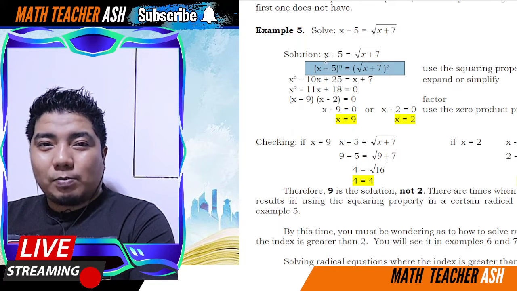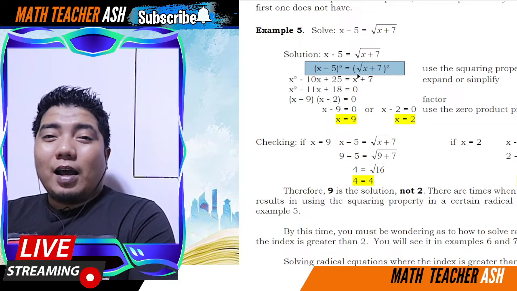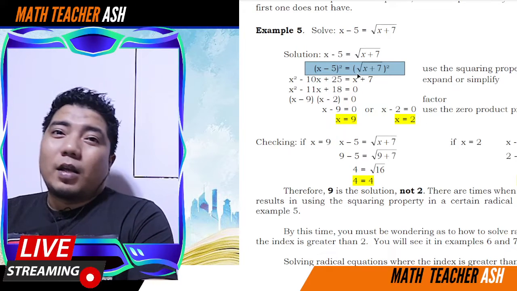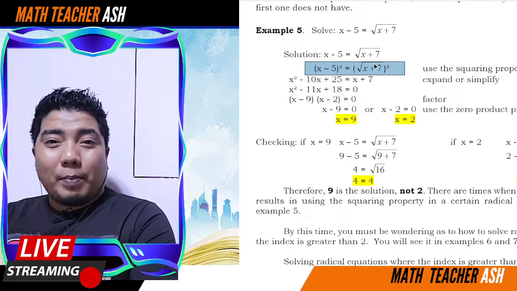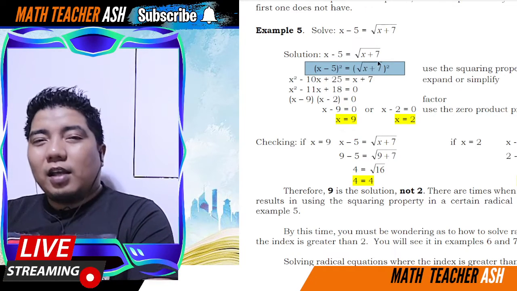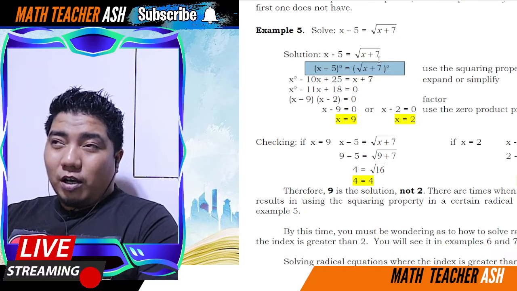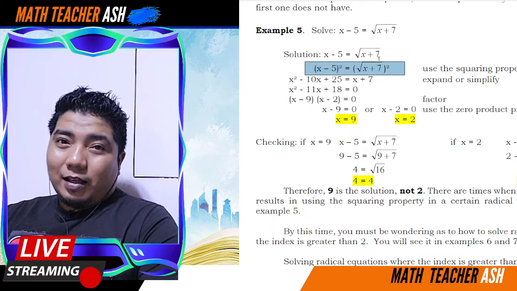However, itong x minus 5, when squared, you will obtain what we call a quadratic equation. Kasi when a binomial is multiplied by itself, most commonly, the final answer is a quadratic equation, or sorry, it is a trinomial.